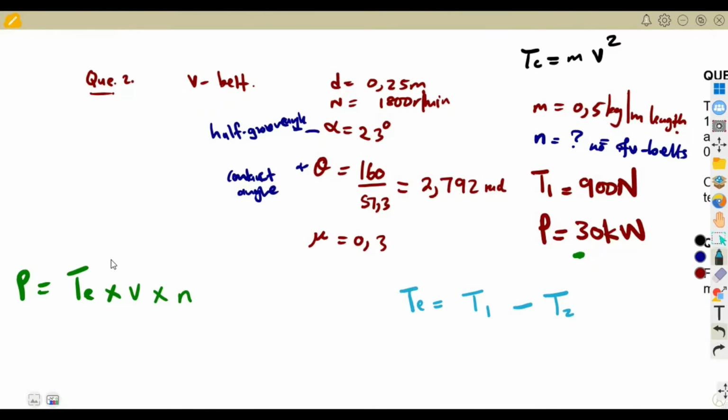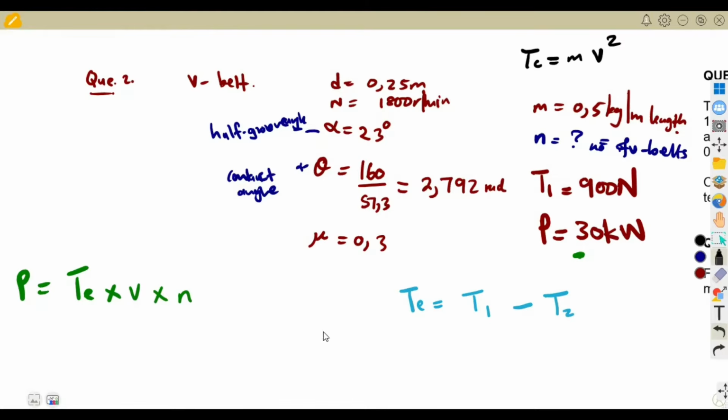But we are limited. We do not have anything that has to do with T2, also with the velocity. Okay. Let us think about where these are found. Both are found in the ratio between T1 and T2.